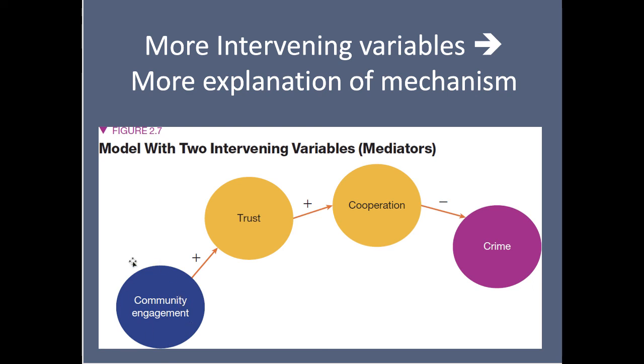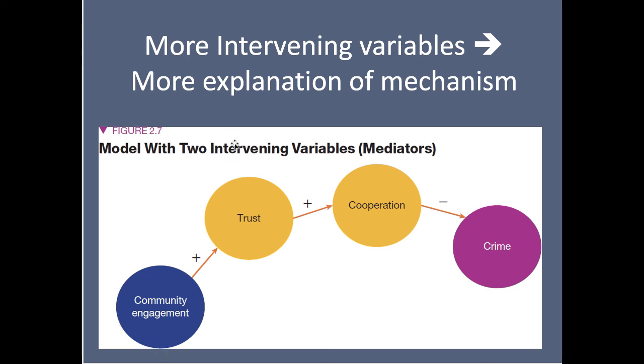A mechanism is a chain from your independent variable in blue to your dependent variable in fuchsia. And here we're spelling out in yellow how we think that happens. And of course, you always want to go through both directions.